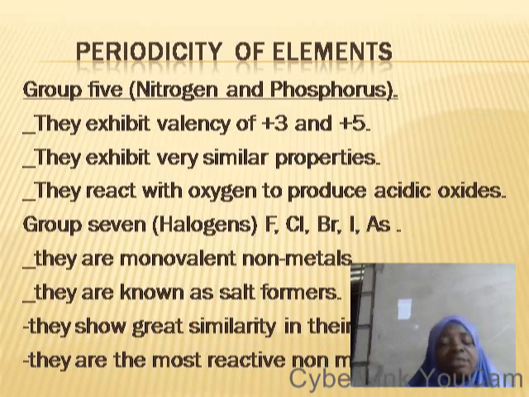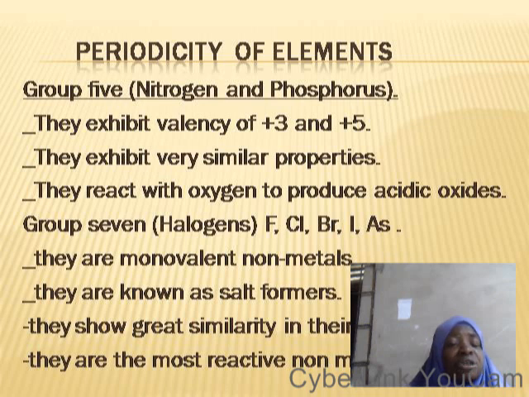Fluorine is more reactive than chlorine, chlorine is more reactive than bromine, and their reactivity goes like that. They are monovalent non-metals because they need only one electron to complete their shells. They are known as salt formers.